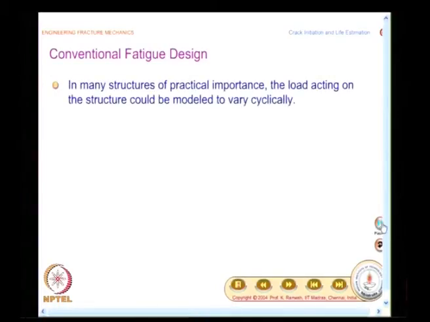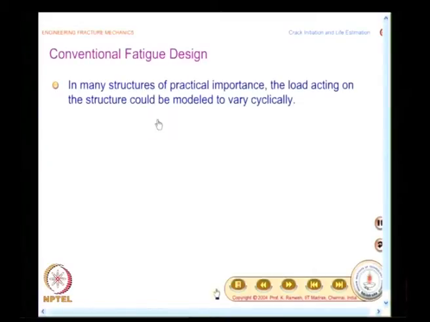Now, we move on to the chapter on crack initiation and life estimation. Before we discuss it, it is good to look at what a conventional fatigue design is, because many structures experience variable loading, very few structures have monotonic loading.